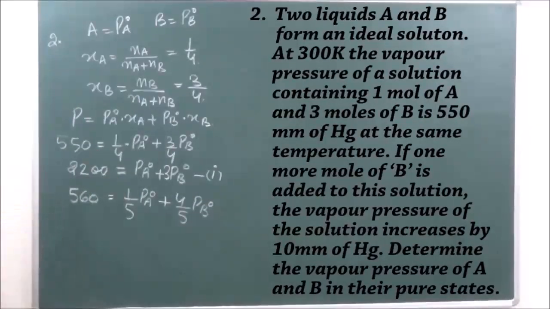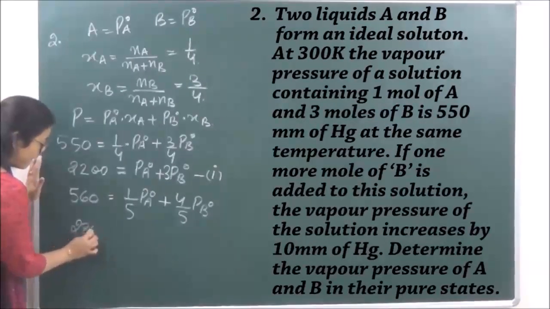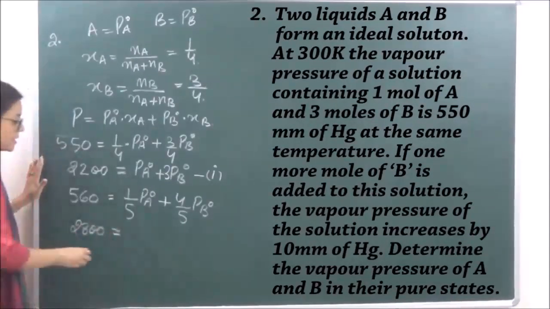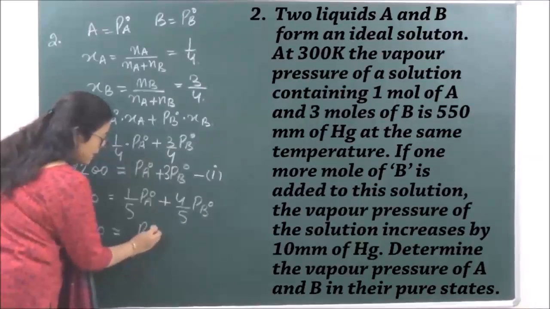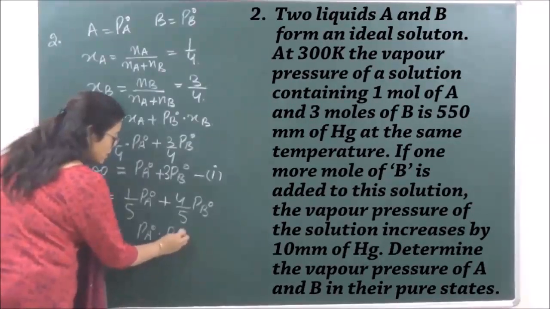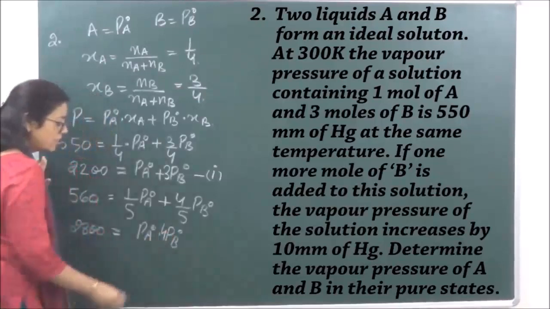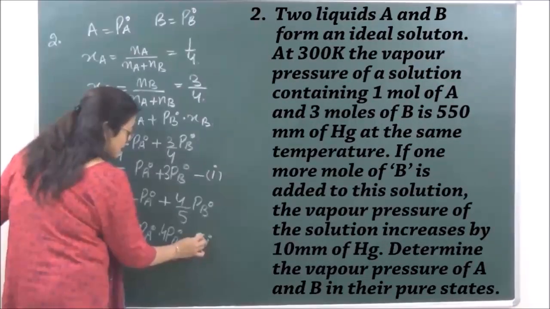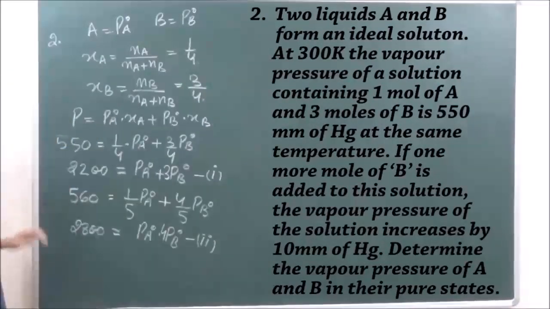We take 5 on this side, so that will be 2800, equal to PA naught plus 4 PB naught. Let's say this is equation 2.